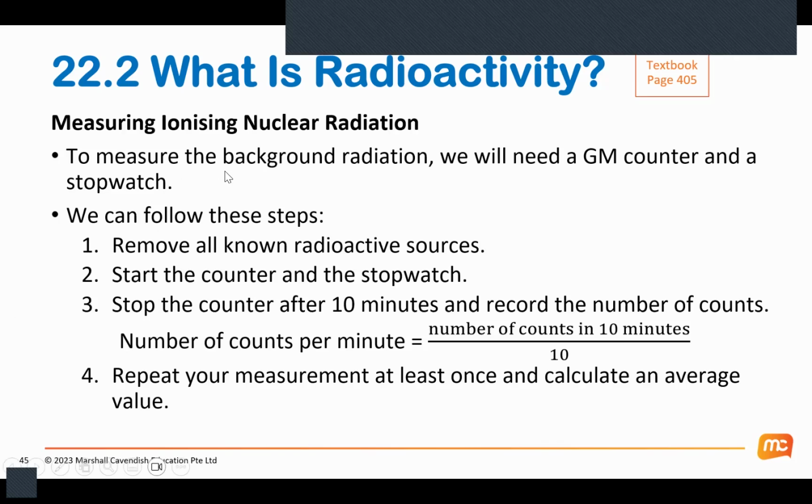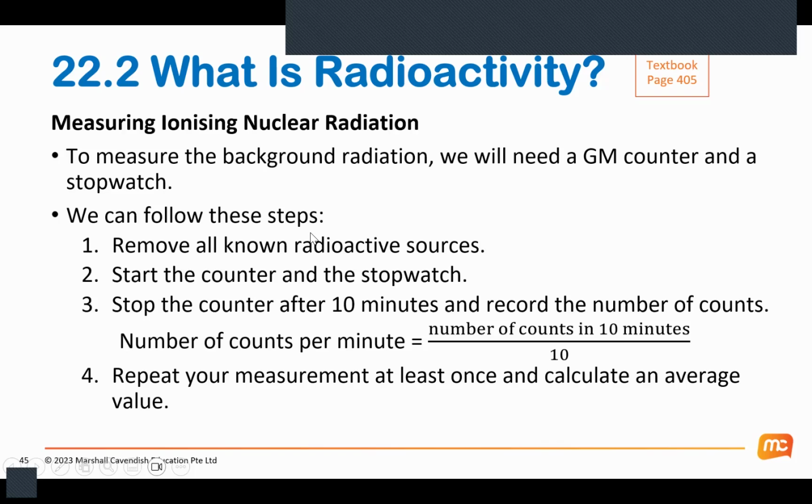We place the GM counter and the stopwatch on the table. We remove all radioactive sources, start the counter, start the stopwatch, time for 10 minutes, and record the number of counts shown on the GM counter. The number of counts in 10 minutes divided by 10 will be the number of counts per minute. Then repeat and calculate the average.